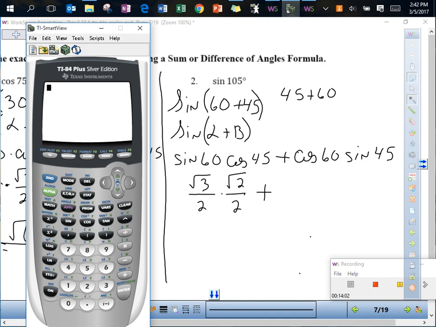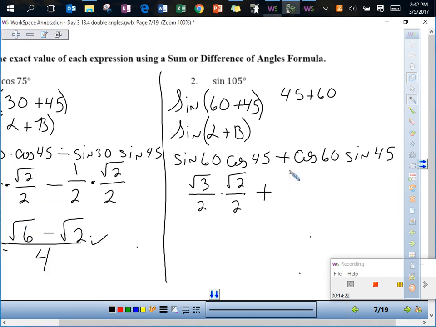Now let me get the next two. Let's go ahead and go cosine of 60 and sine of 45. Okay, cosine of 60 looks like 1/2, which we're going to call 1/2. Sine of 45 is 0.707, which you're going to call radical 2 over 2. So I'm going to have 1/2 times radical 2 over 2.